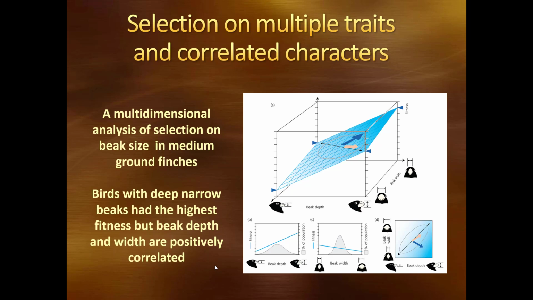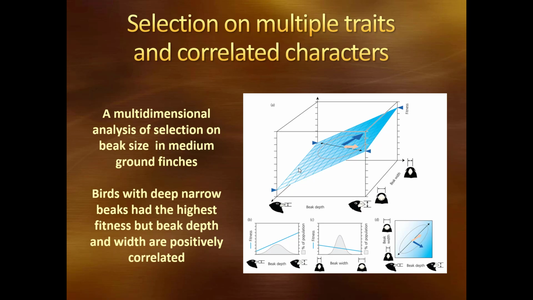It's not working on, let's say, your arm length. But your arm length is going to be correlated with how tall you are, we would hope. And so the arm length trait is going to go along with the body height just because those are correlated traits, right? So traits that are correlated will tend to be under selection together.